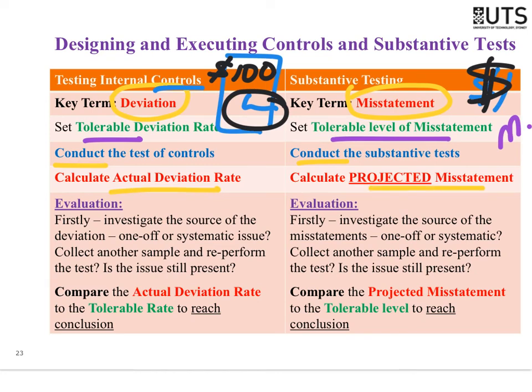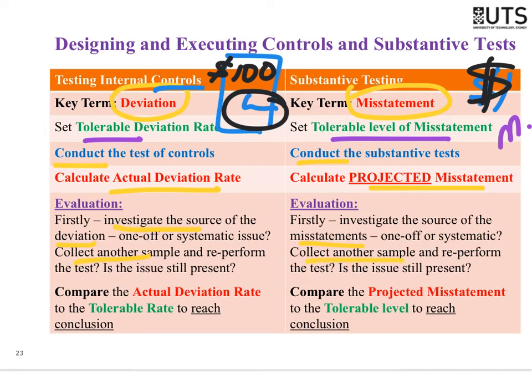Now, once you do that, then you evaluate your results. By the way, we went through this in quite a lot of detail last week, so I'm not going to go back through it, but there's one key thing I want to say. You always want to investigate the source of the issue, right? And if you want, you can then collect another sample and test it.